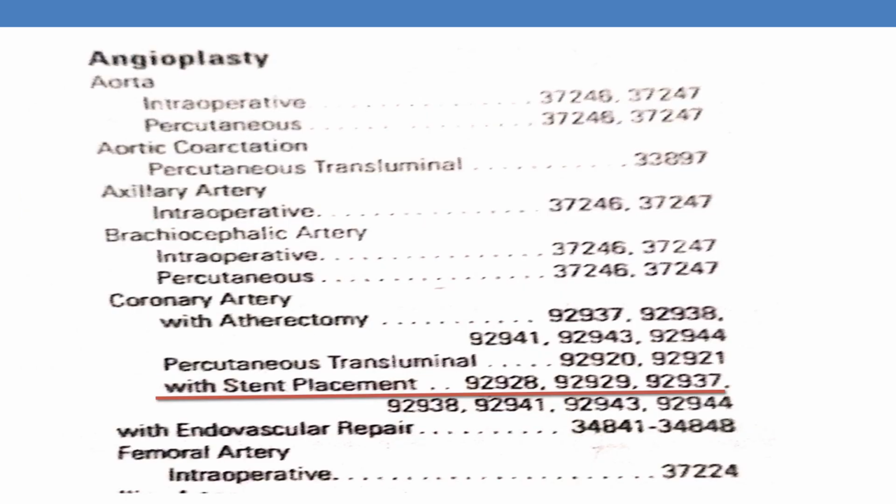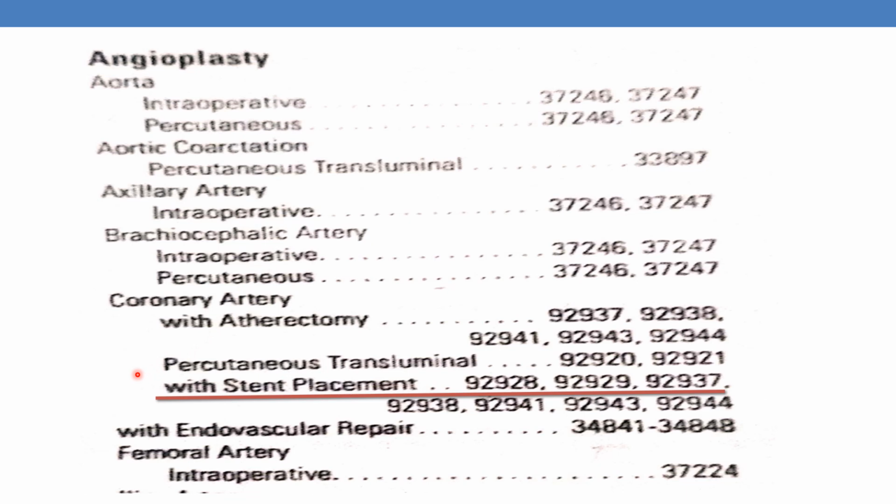Now, if you go for the CPT index, under angioplasty, you can find coronary artery. Under coronary artery, you can find percutaneous transluminal. For percutaneous transluminal coronary angioplasty, the CPTs are 92920 and 92921.